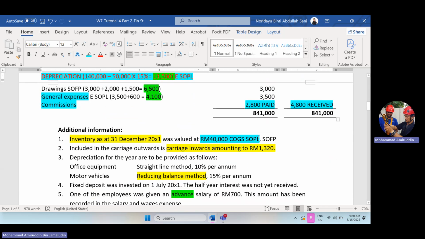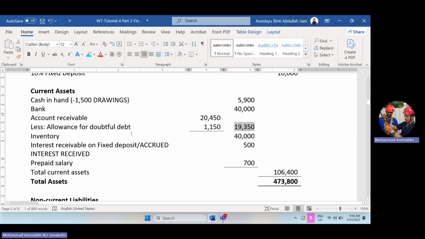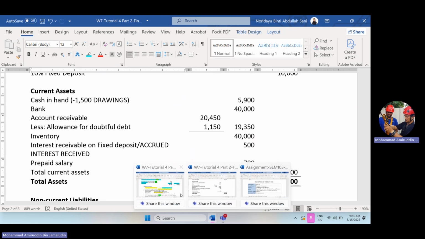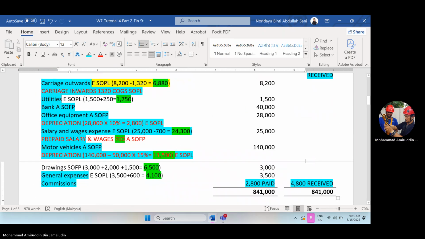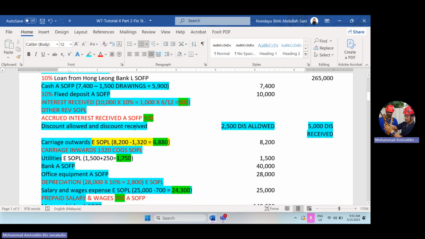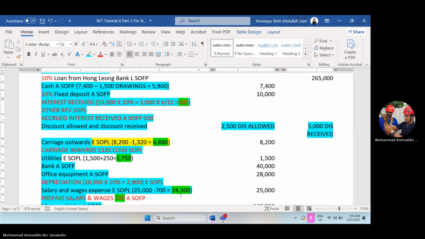Don't forget this one. 40,000 SOFP. Transferred, your closing inventory. What else? Oh, okay. We have the accrued interest received, here, asset. Okay, accrued interest received, 500.